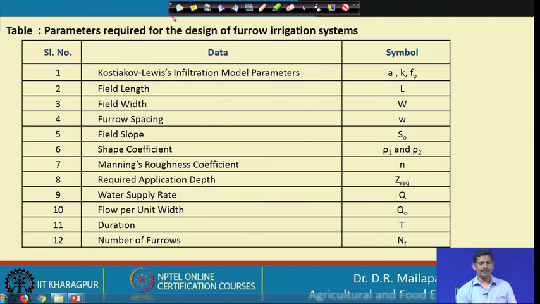Here, basically, in the design parameters for simulation purposes, we require the Kostiakov-Lewis parameters, field length, width, furrow spacing, the slope, shape parameters, Manning's roughness coefficient, Z required for a particular crop, and Q the capacity, the total water source, and Q naught the flow per unit width, I mean for one set of Q naught, and T the duration, NF the number of furrows.